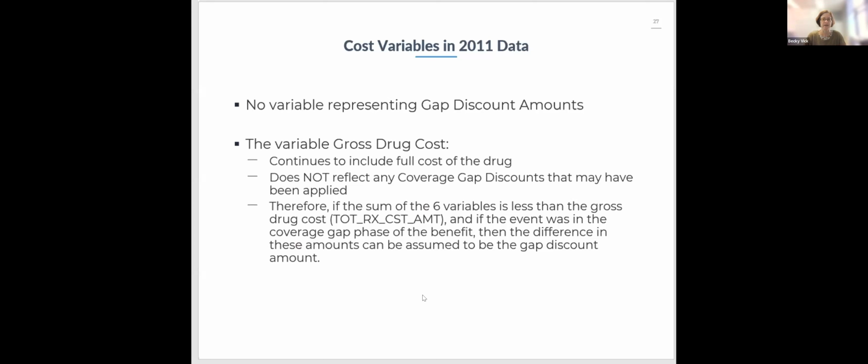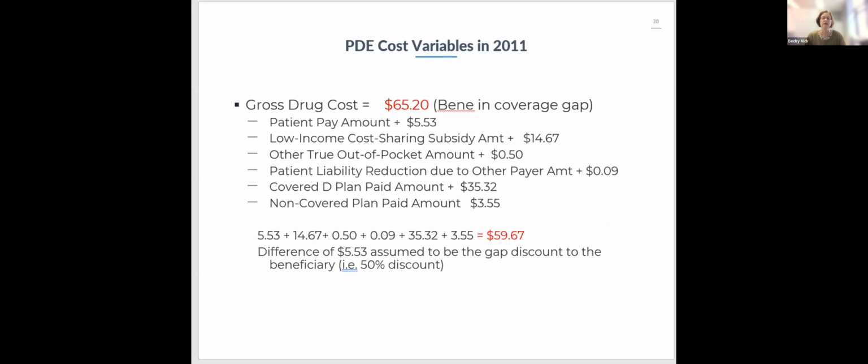So here you can kind of see how you would do it. For 2011 data, you take those 6 components and subtract them from the gross drug cost variable to arrive at the gap discount of $5.53.